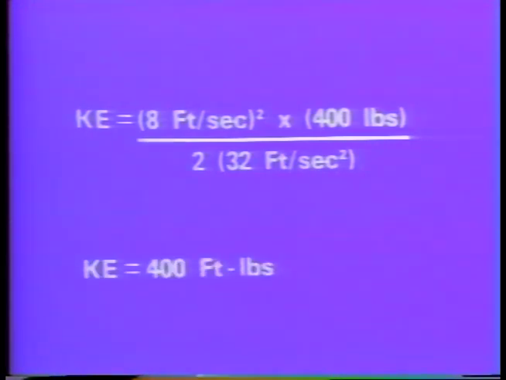That gives us 400 foot-pounds, which is half as many foot-pounds as there were when the container of mill rejects weighed 800 pounds. So when the weight is reduced by half, the kinetic energy is also reduced by half.